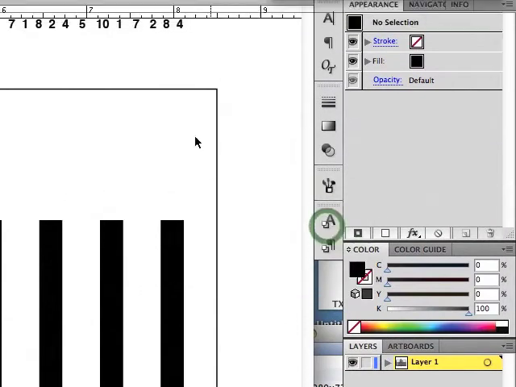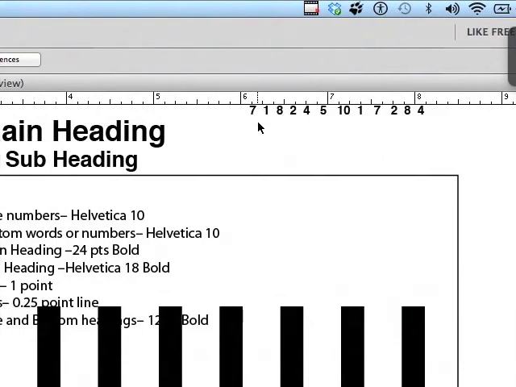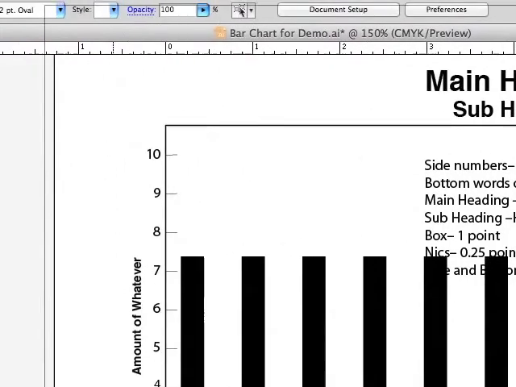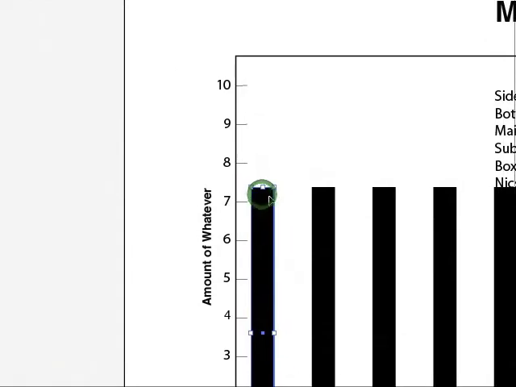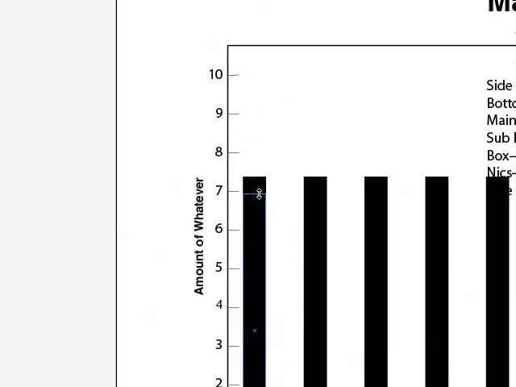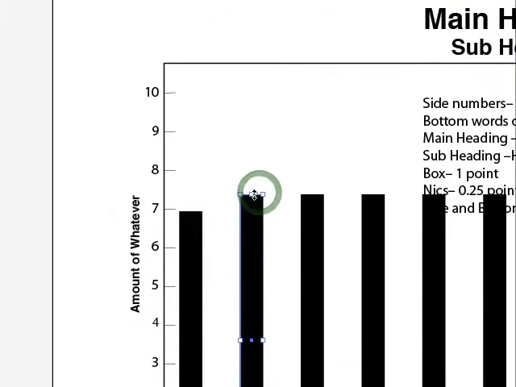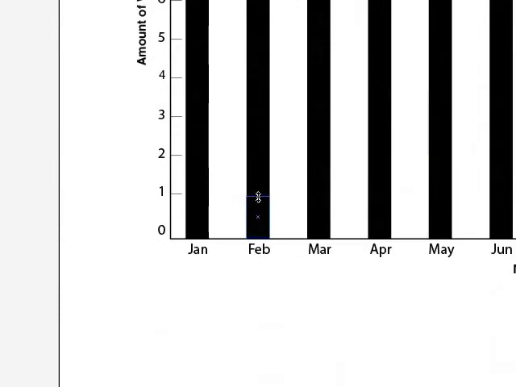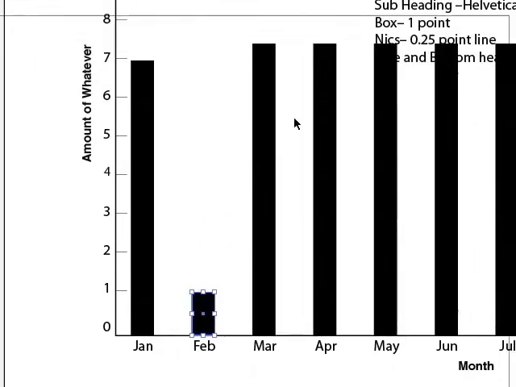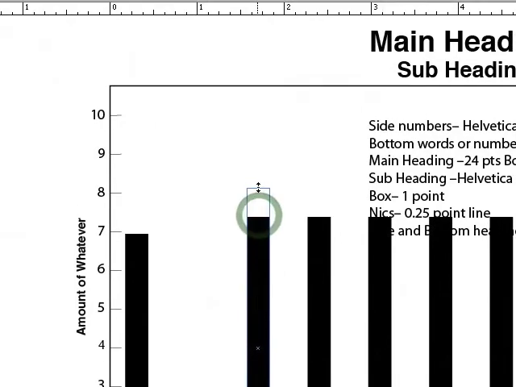Our next thing that we need to do is close this. We need to see what numbers we're supposed to accomplish here. And the first one is supposed to be 7. So if you select this with the black arrow, you can pull this down very quickly and adjust these points to match the ticks on the side. And this one's an 8, so it goes up.